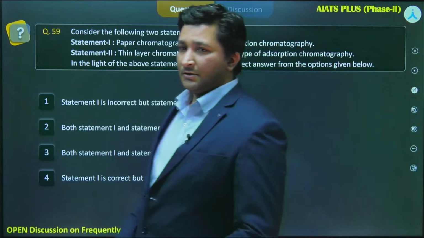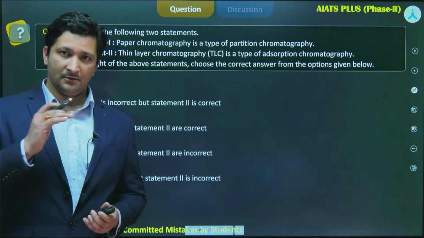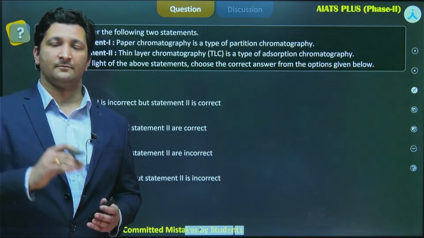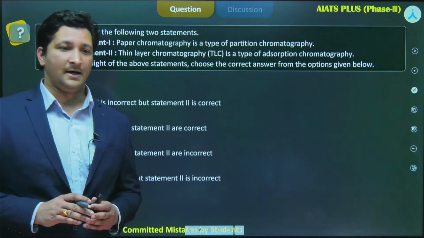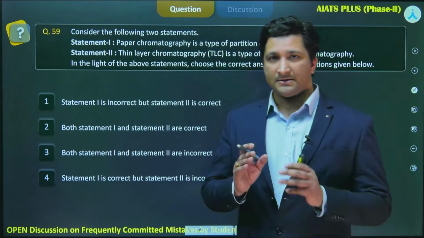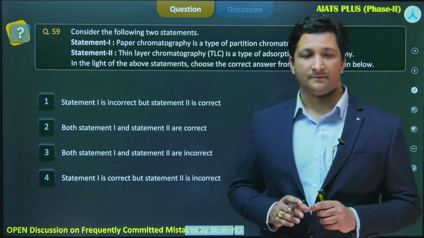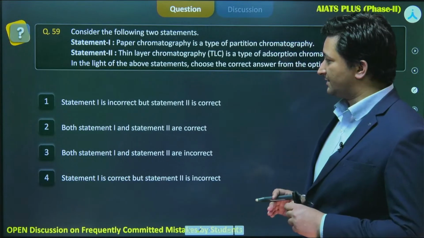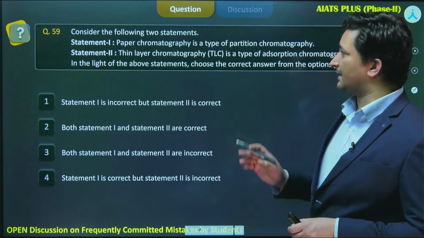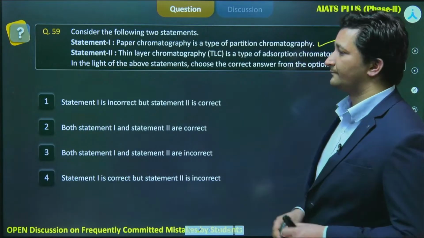During partition chromatography, a continuous mobile phase is there, and that helps in the separation of the different compounds. Nidhi is saying option 2 is correct. Exactly. Paper chromatography is a type of partition chromatography.